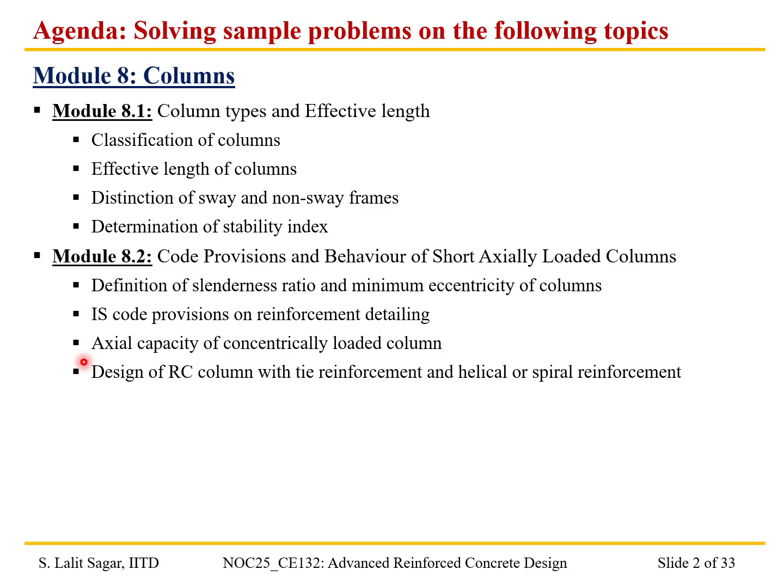We looked into some numerical problems based on the design of concentrically loaded reinforced concrete columns, and also considered the design of reinforced concrete columns with tie reinforcement, and with helical or spiral reinforcement.